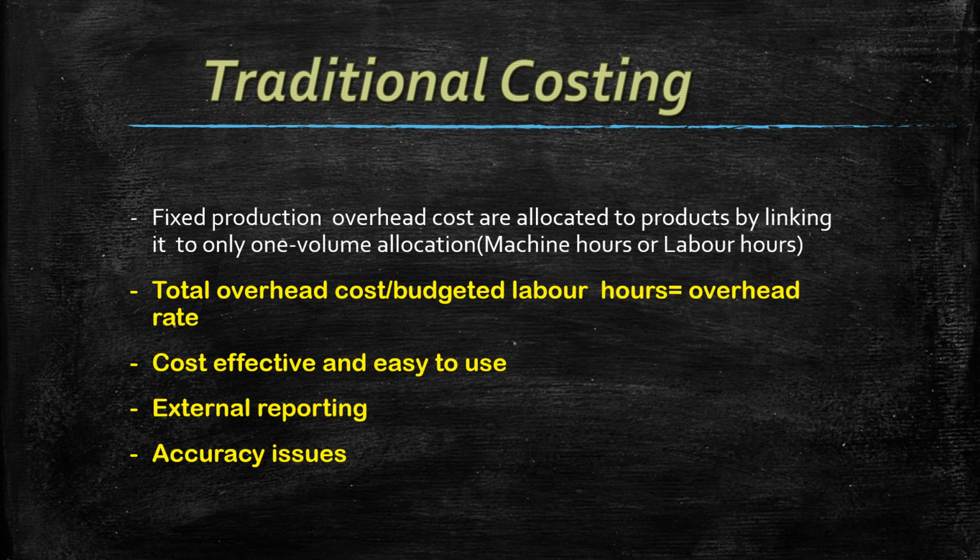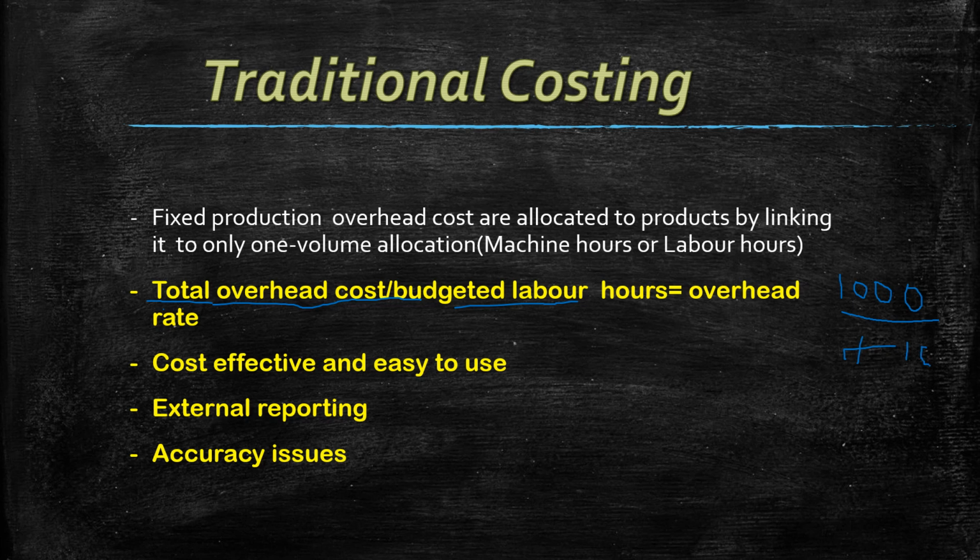A typical way of doing this is that our formula will have our total overhead cost. Let's just say we have 1,000 as our total overhead costs, and our total budgeted labor hours for this example, let's say, is 15.